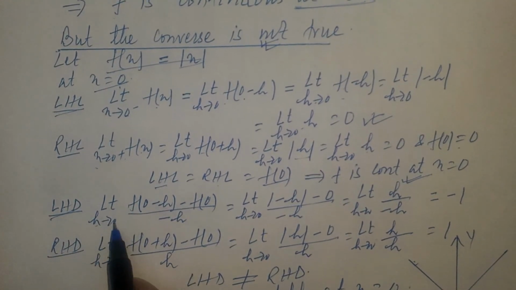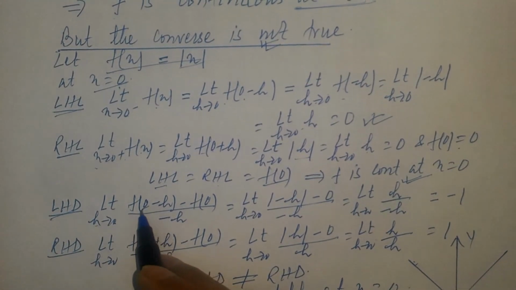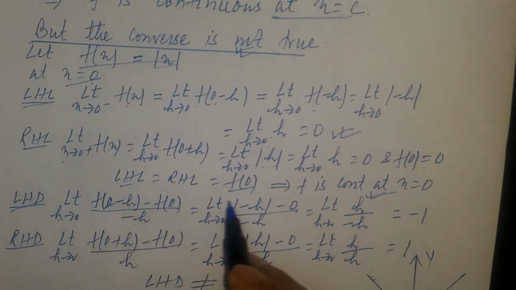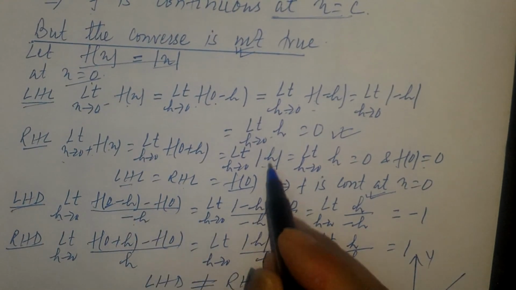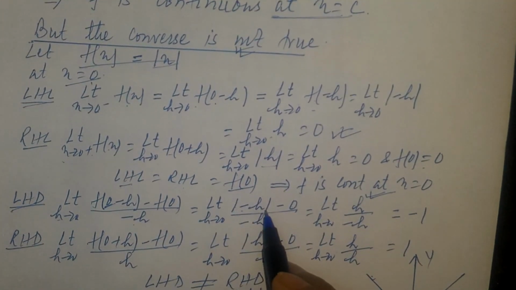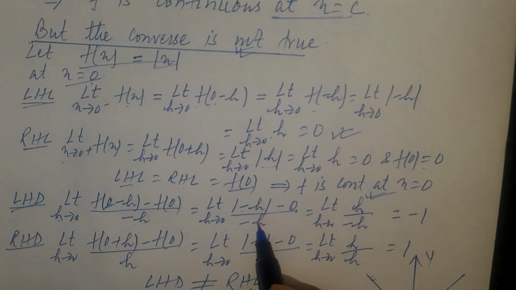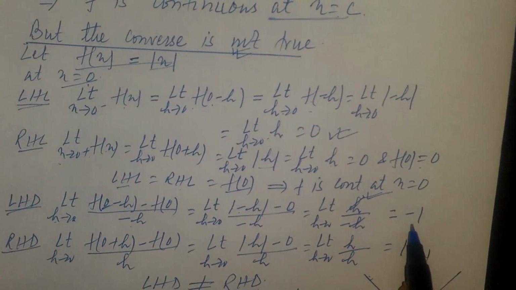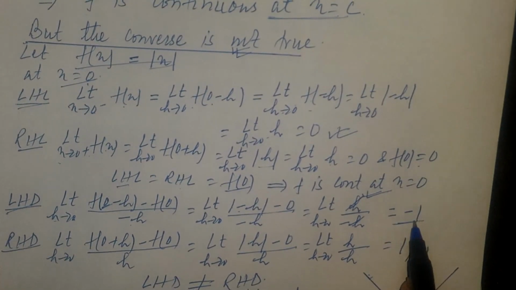Now for differentiability, find the left hand derivative. Limit h tends to 0, here the point is 0, so (f of 0 minus h minus f of 0) by minus h. f of minus h, replace x by minus h. The mod value of minus h is h, so h by minus h cancels and you get minus 1. So the left hand derivative is minus 1.